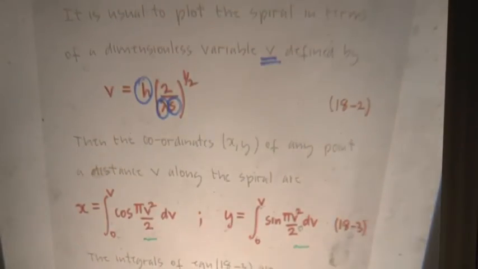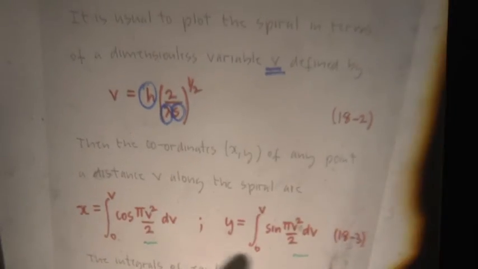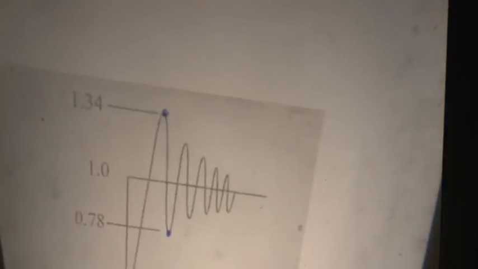But once you've got it in a dimensionless form, you can then find the xy coordinates of any point in that plane. So once you've defined your variable v, which increases monotonically as you increase the distance from the origin, where z is the origin in this, although that's the edge of the geometric slit, you come out. Now they look deceptively simple.